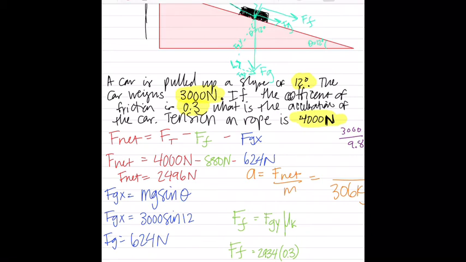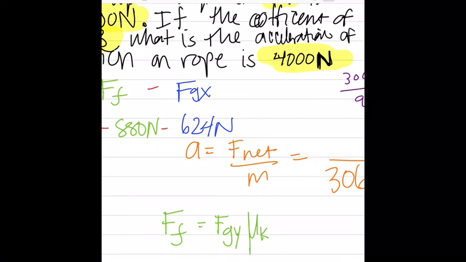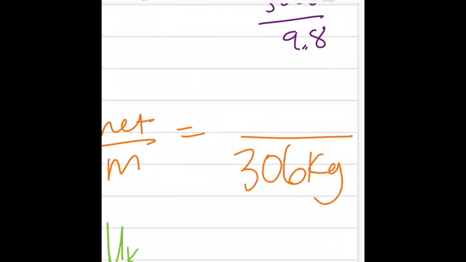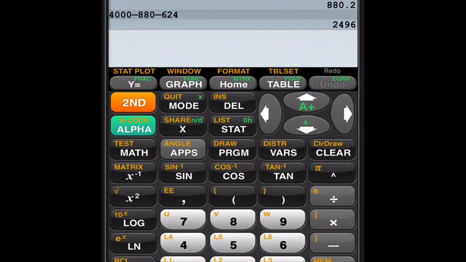So now we have our net force. So now we can go back and we can do, let me get the right color here. We can put that in here. So F net was 2496. This is in newtons. Newtons divided by kilogram is a meter per second squared. So acceleration is 2496 divided by 306.